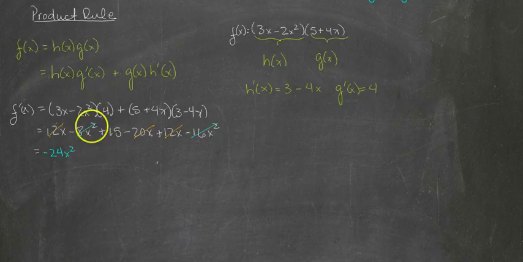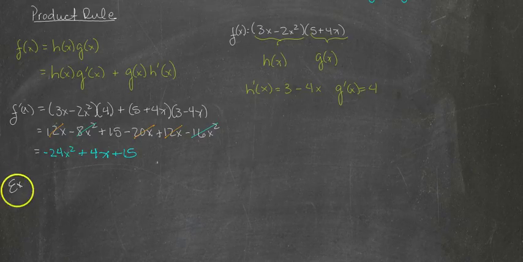It's crazy you can do all this work and the arithmetic will cripple you. And then 15, that's the only constant I have. And that's it. That's the product rule.